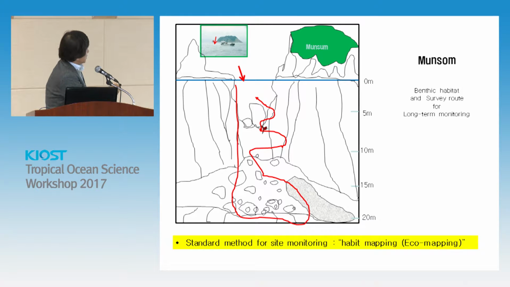In this island case, I fixed the survey stations here, and I decided the route of the underwater survey because my team and I were limited in survey terms by aging or funds and something like that.